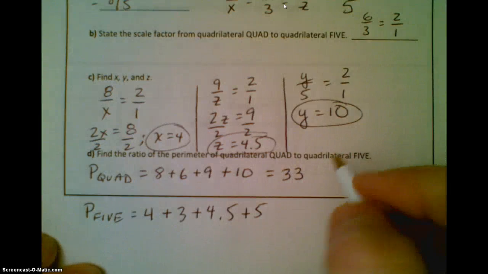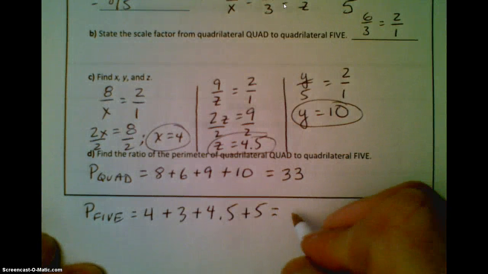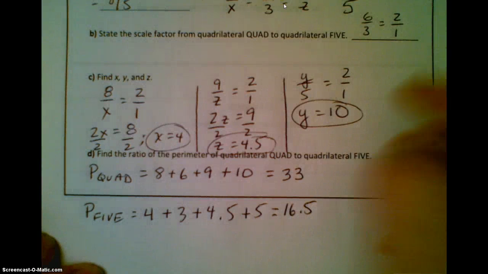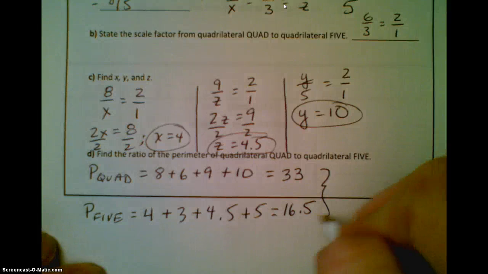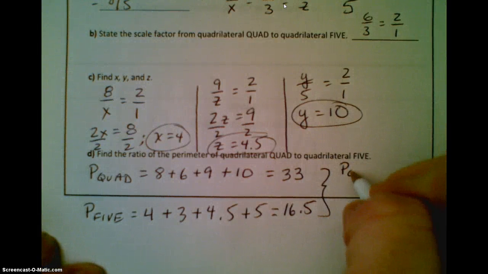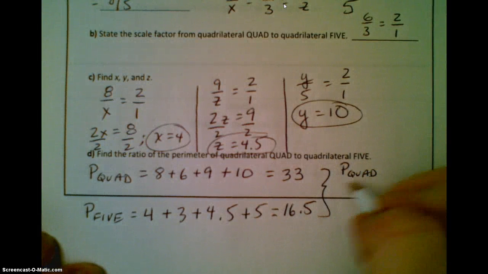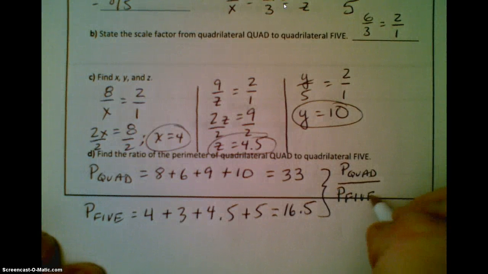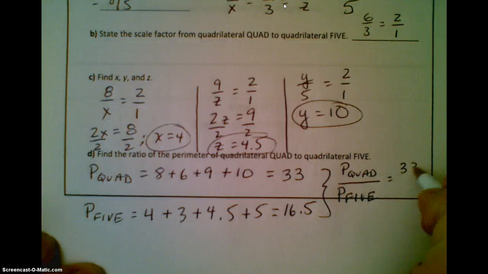So this turns out to be 33. And this, if we add it up, turns out to be 16.5. If I want to do the ratio, the perimeter of QUAD to the perimeter of FIVE, it's going to be 33 to 16.5.